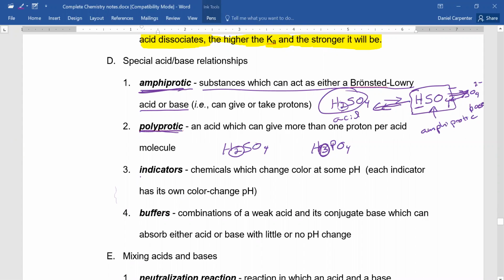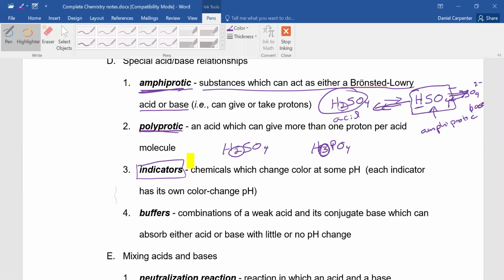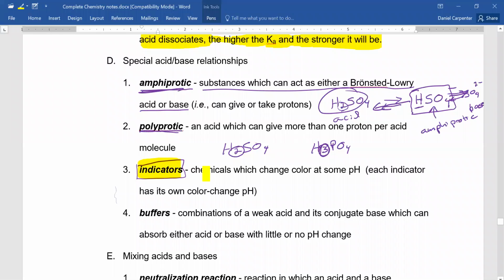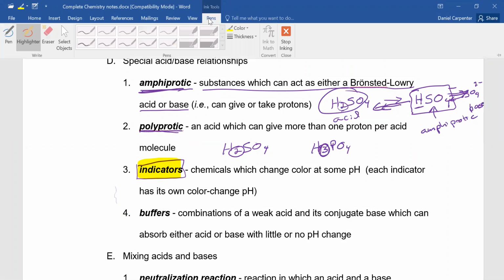All right, indicators. Now these terms are important, don't get me wrong, but people get really confused about indicators, and the term is used more frequently than amphiprotic and polyprotic, at least at lower levels.